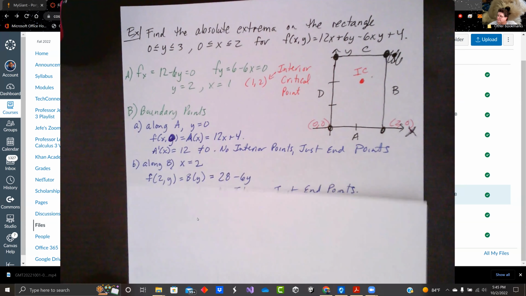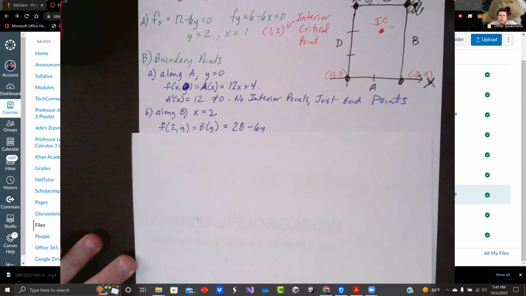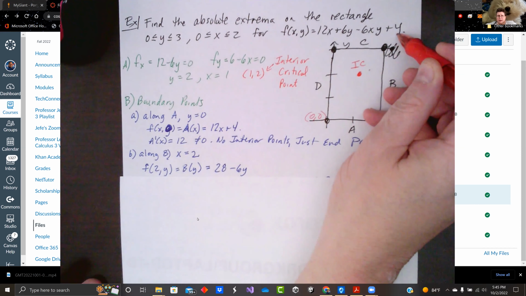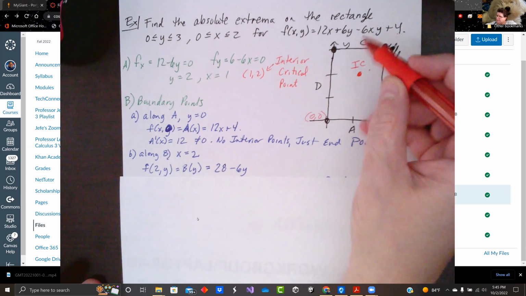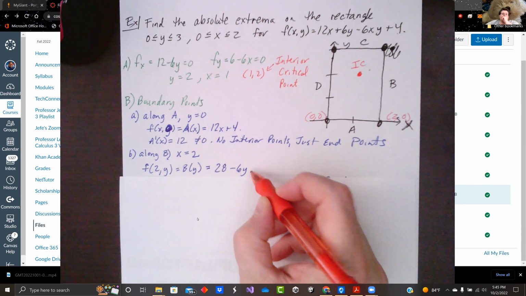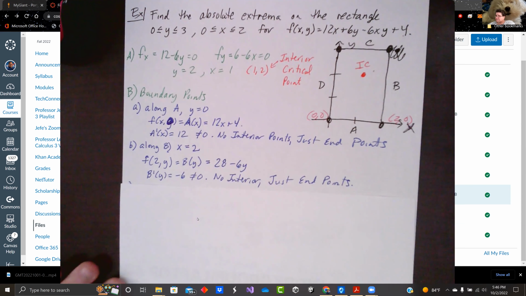Let's look along B. Along B, x equals 2. So if I plug in 2 for x, using this function up here, it now just becomes a function of y. You can double check that this function would be 28 minus 6y. The first derivative is negative 6.